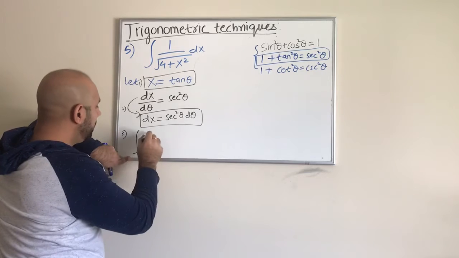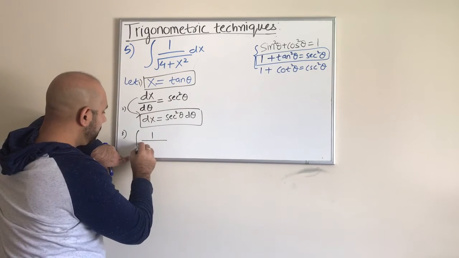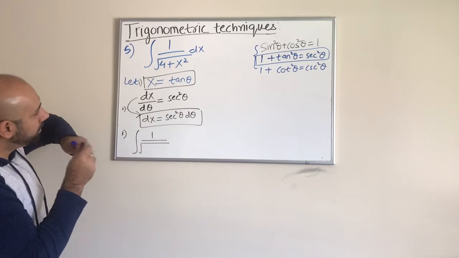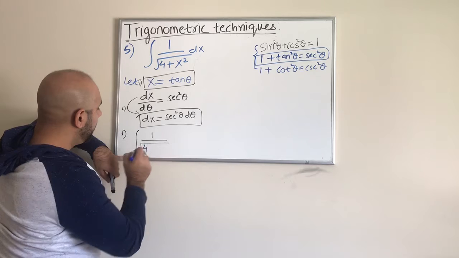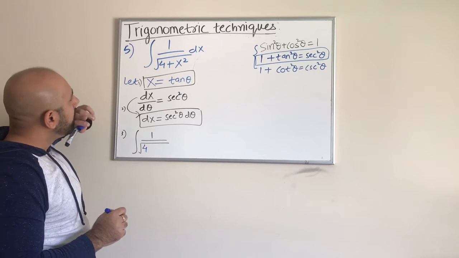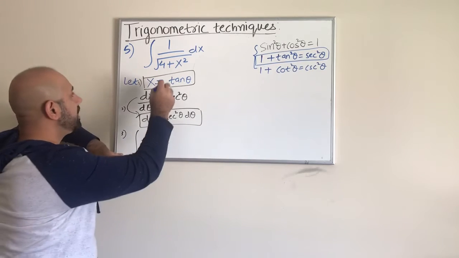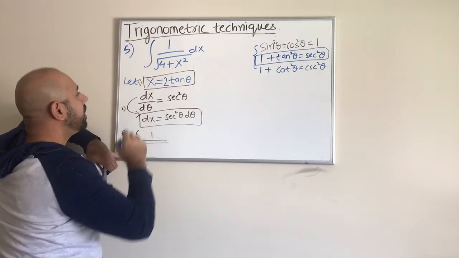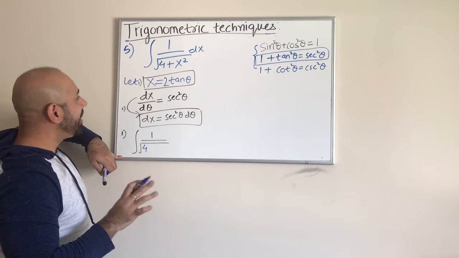Guys, integral 1 over square root of 4. So I'm going to write that 4. I'm sorry, I wanted to actually start with a 2 here instead of just tangent theta, and you will see why I want to choose 2 and not just tangent theta.